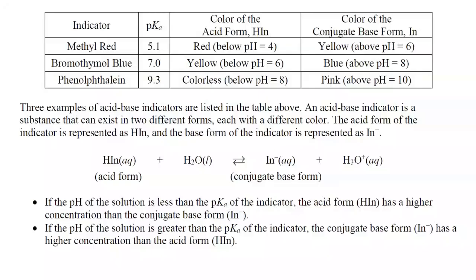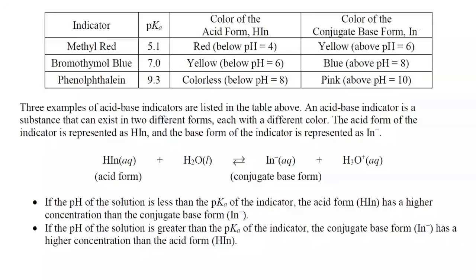So when HIN loses H+, it forms the conjugate base, and the conjugate base form of the indicator is represented as IN-. Here on this slide, you can see that when the HIN molecule in its acid form reacts with water, it produces the hydronium ion H3O+, and it also forms the conjugate base represented as IN-.